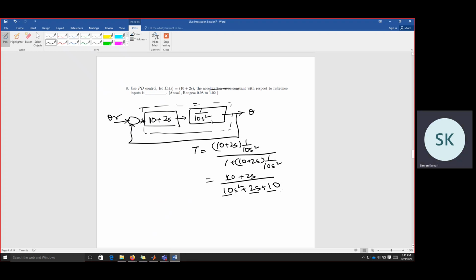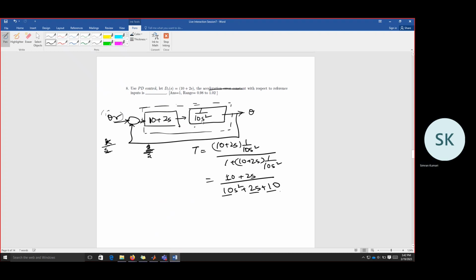And by this internal model principle, we know that whatever the dynamics of the reference, if it is a step, that is 1 by s. If it is a unit step, it is 1 by s; if it is a step with some gain, so k by s. So this forward path should have 1 by s at least, so as to follow this one.